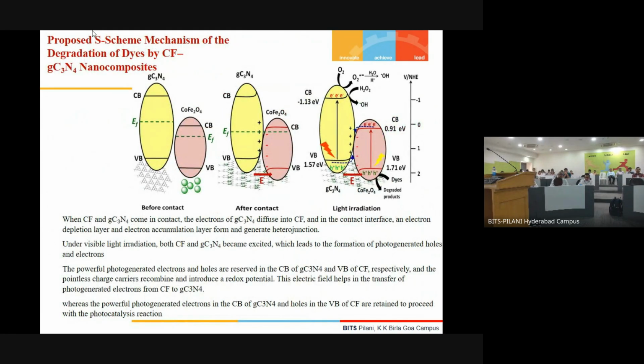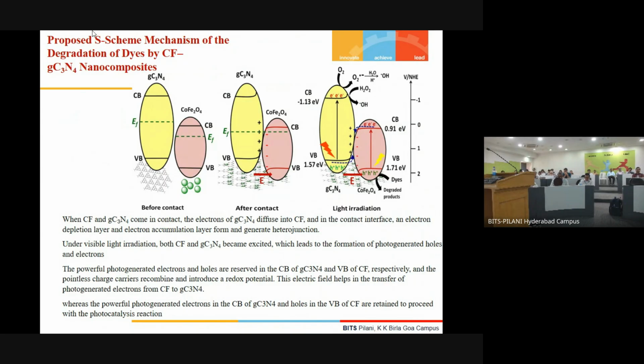Based on these results, we have tried to explain the mechanism, known as the S scheme mechanism. There are different schemes, like type 1, type 2, S scheme, Z scheme.